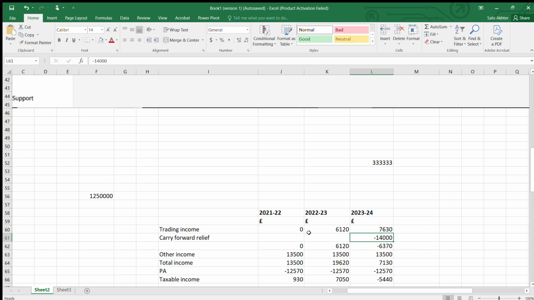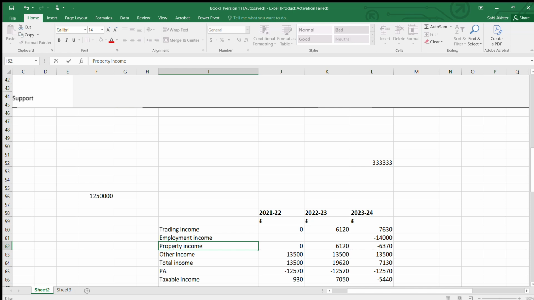Now, employment income. Then property income. See, we are setting off against total income.